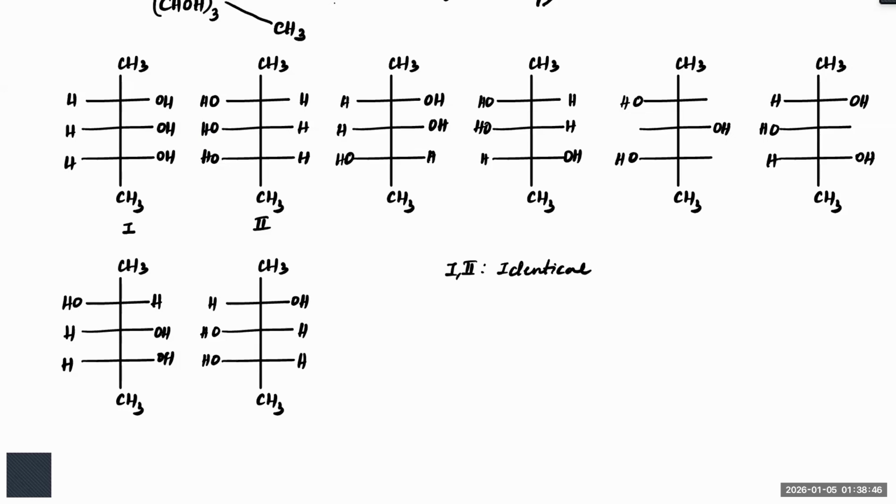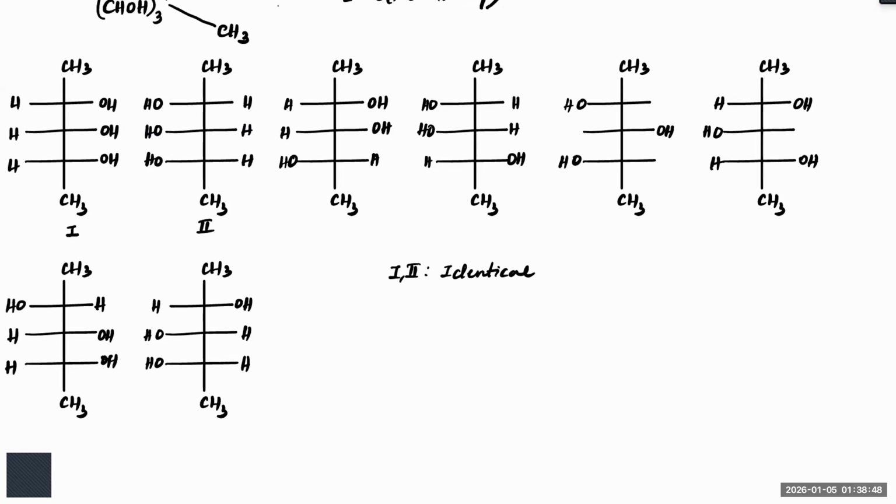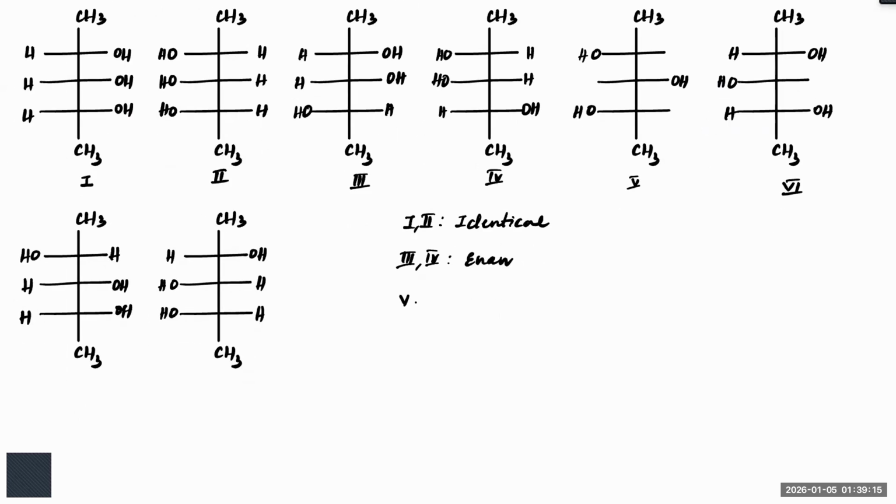Next. Here, if you notice, 3 and 4 are enantiomers. These are not identical at all. So these are separate, two different forms. Next. Have you noticed this again? If you compare this one and this one, again you can see a plane of symmetry passing, which means 5 and 6 are mesomers of each other, which means they are identical again.